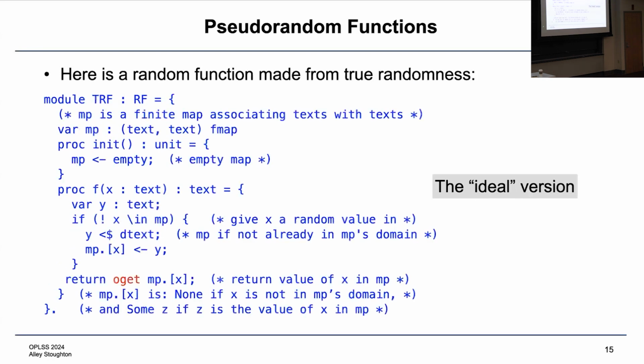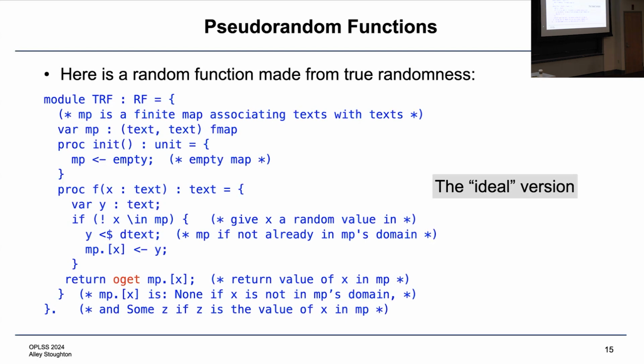But the ideal one builds dynamically a map. Each time it's called, which starts out empty, with a text value, it says, does this map already have the answer? In which case it just looks it up. Otherwise, it creates a random result and updates the map.